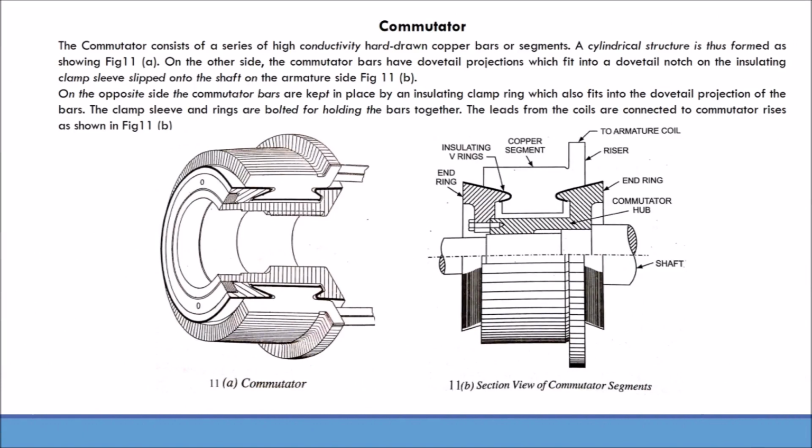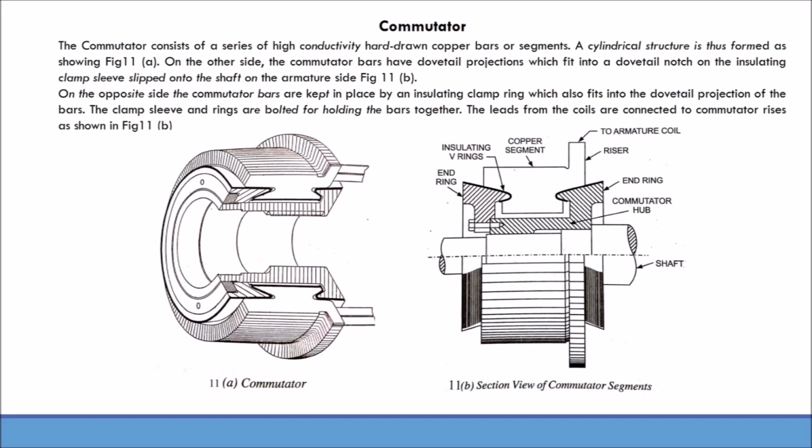Commutator. The commutator consists of a series of high conductivity hard drawn copper bars or segments. A cylindrical structure is thus formed as shown in figure 11a.